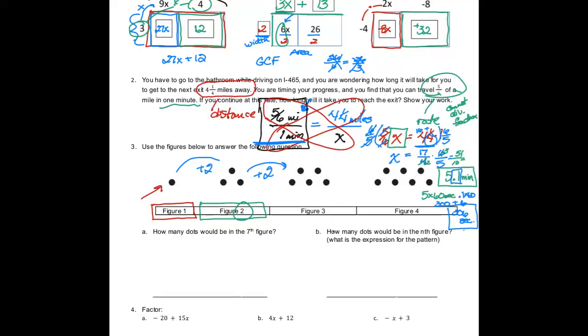Because we don't want to be counting plus 2, plus 2, plus 2 in front of all of these. How does this pattern relate to the figure 3? What are you noticing? I don't want you to say you're adding 2. You need to look at figure 3.